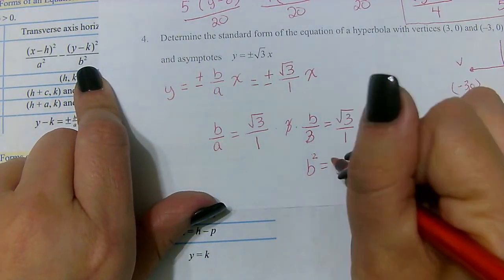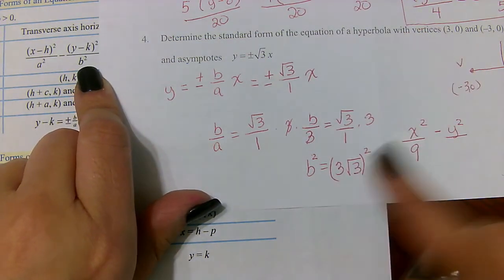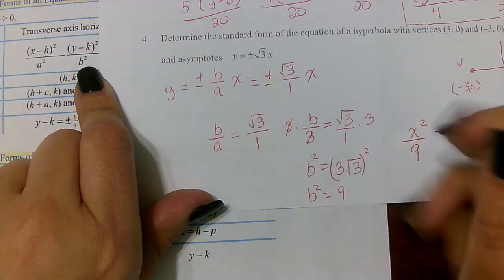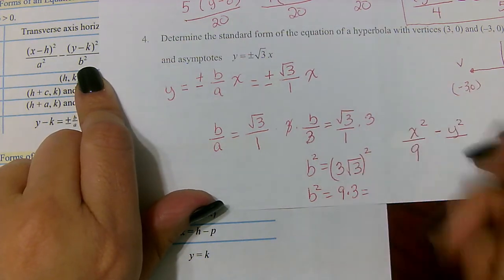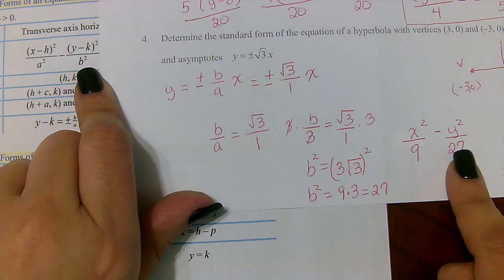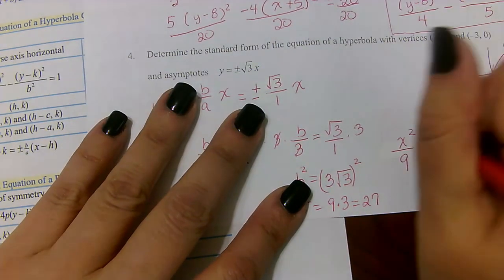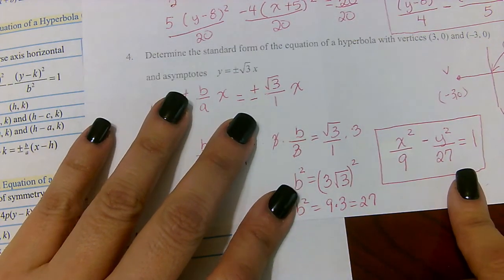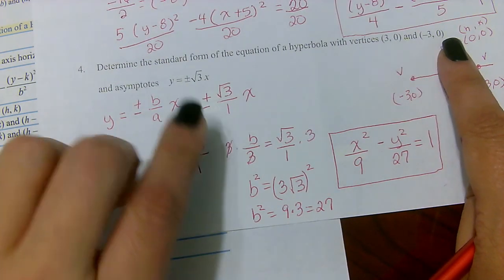So if we were to do b squared, we would have to square everything on the other side of the equal sign as well. So b squared is going to be equal to 3 times 3 is 9, and the square root of 3 squared is going to be 3. So 9 times 3 is 27. So I can put a 27 underneath the y. Don't forget to set this equal to 1. This is going to be our equation of the hyperbola in standard form with the vertices of (3, 0) and (negative 3, 0) with this asymptote.